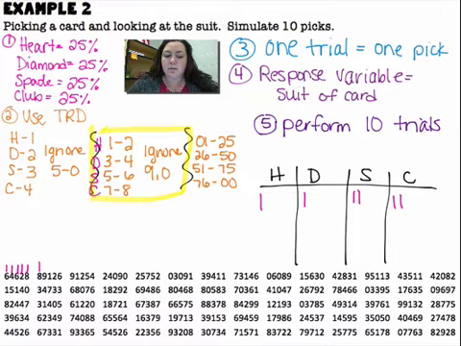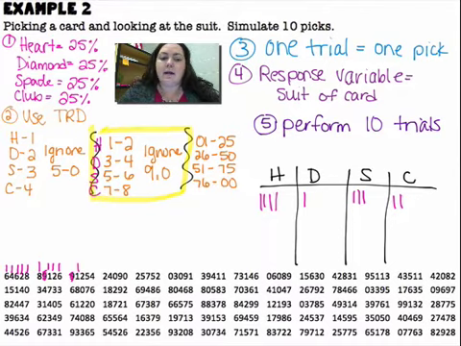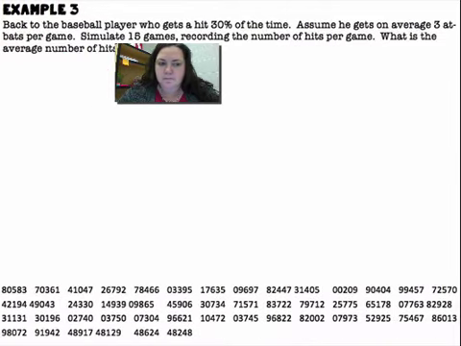Next one's a club. Next one's a club. I'm skipping that one. Next one's a heart. Heart again. Spade. Skip the 9. Heart. So I did 10 trials, and then I could answer some questions based on the simulation that I ran.